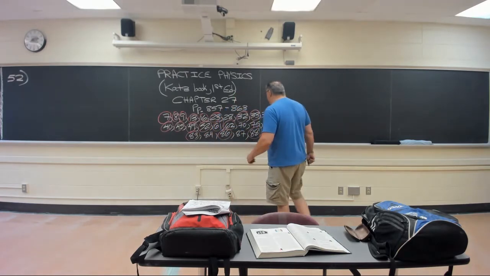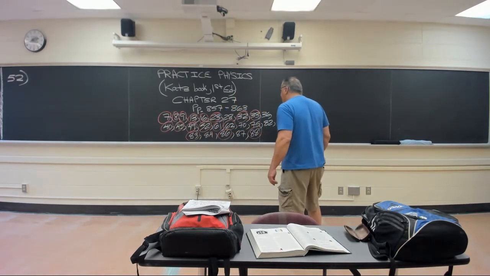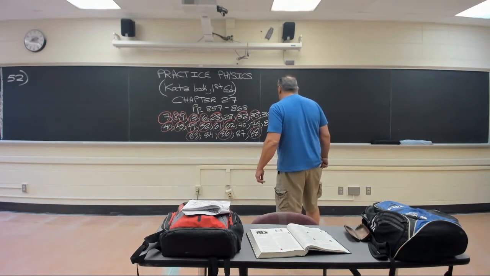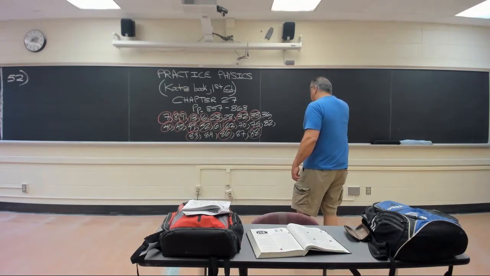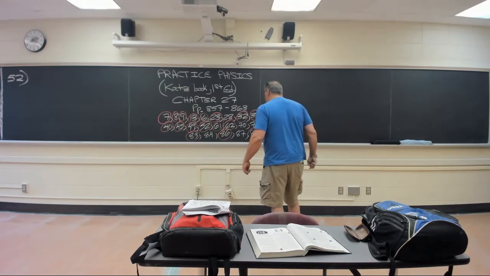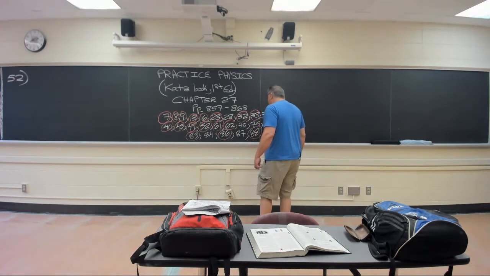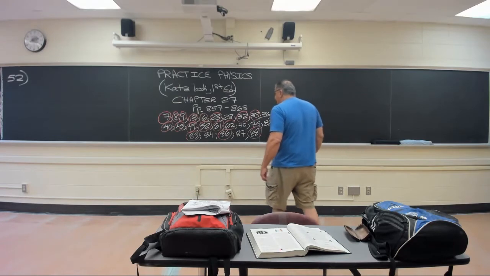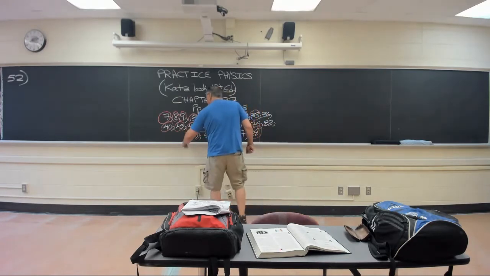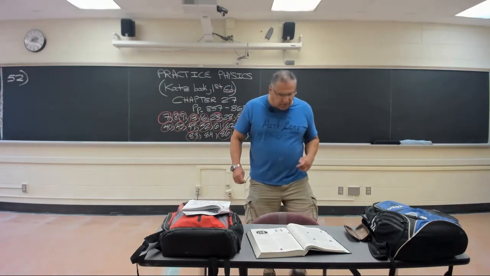Of the 24, let me just see here. Are there 18 of these? For some reason, yeah, I could have sworn there was not quite as many as that, but maybe there is.